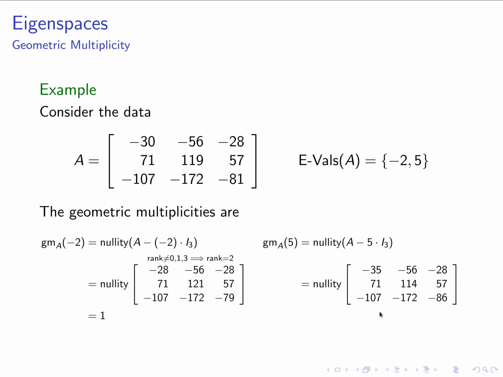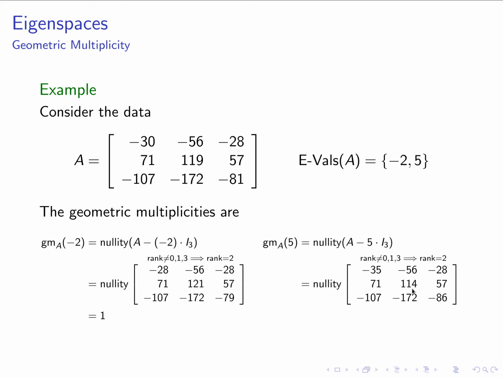Well, we know a few things about the rank here. Again, the rank is not 0 because this is not the 0 matrix. The rank is also not equal to 1 here because these columns are not all multiples of each other. And again, we know that the rank is not equal to 3 because 5 is an eigenvalue, so this difference matrix cannot have full rank.